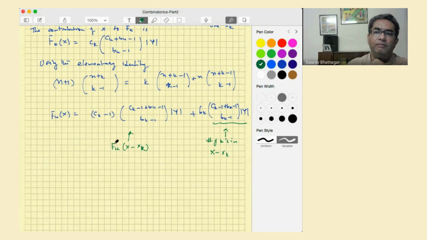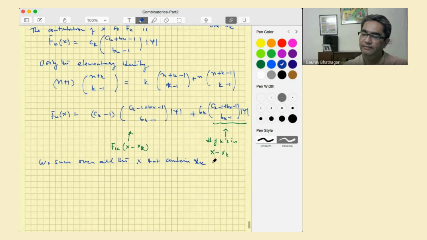Next we sum over all x that contain a small xk.